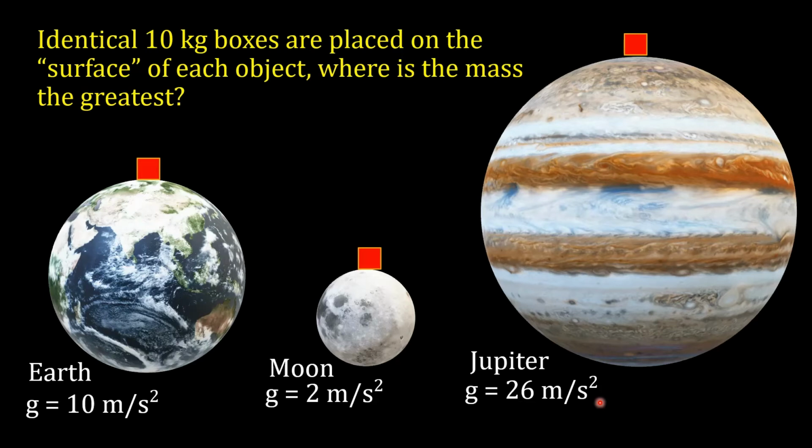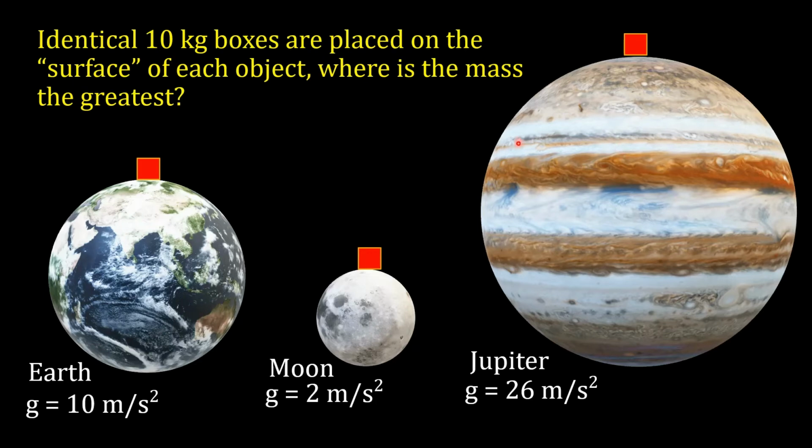The question I have, the experiment we're going to consider, is what if we imagine three identical 10-kilogram boxes and we place each one on the surface of these objects? The reason I have surface in quotations is because technically there is no surface that we could land on for Jupiter.